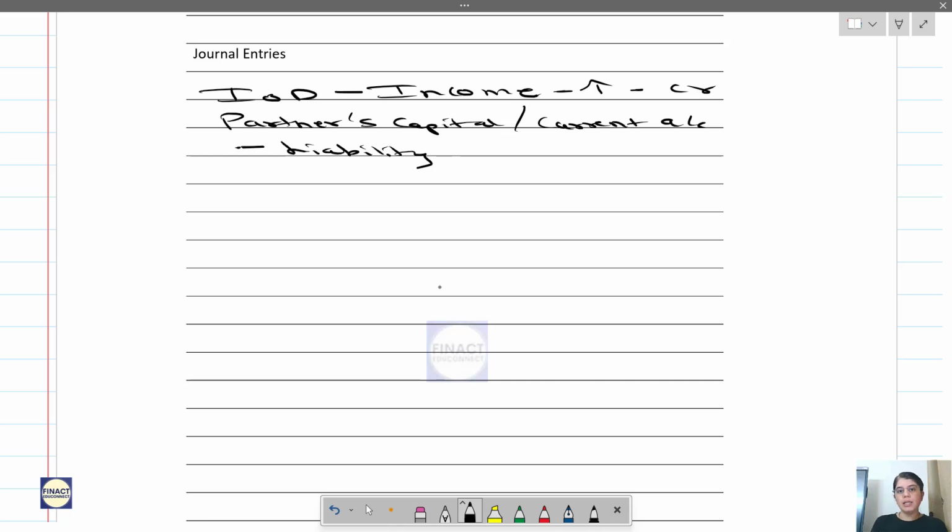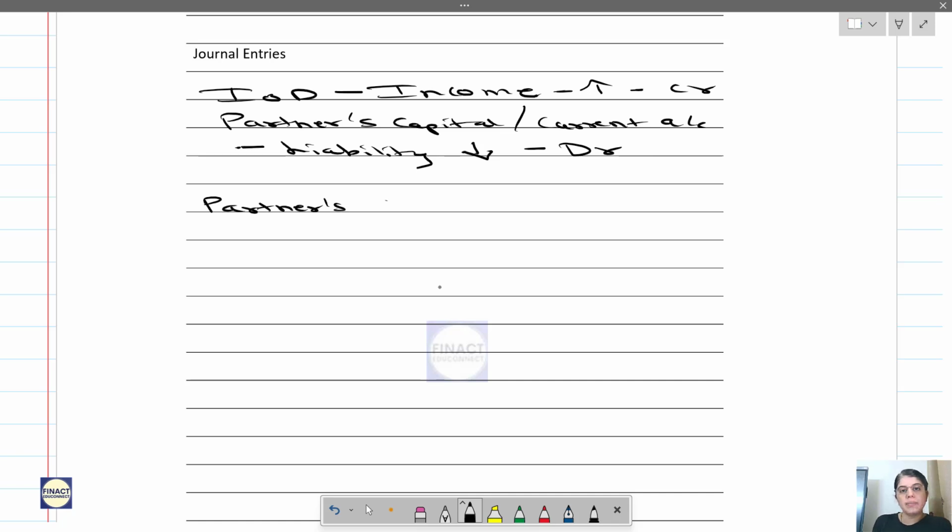When we take this from the partner, the balance in the liability account will be decreasing because we have to recover this from the partner. If the liability is decreasing, then debit. Understand this: when the firm's liability towards the partner decreases, we have to debit. When the firm's liability towards the partner increases, we have to credit the capital or current account. So now what is the entry here?